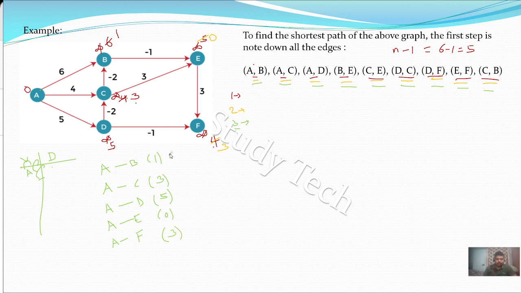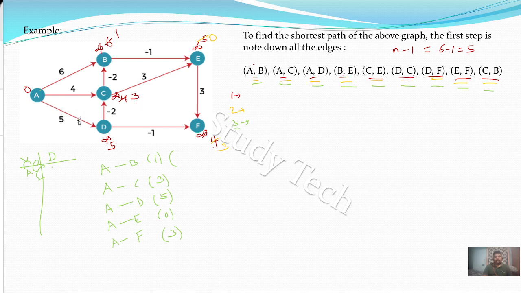So how do we get 1 here? A to B, how to get 1? A to C value is 3. So how do we get A to C also?